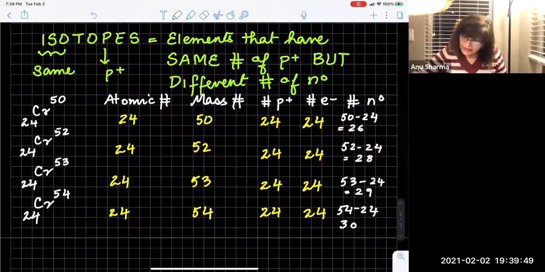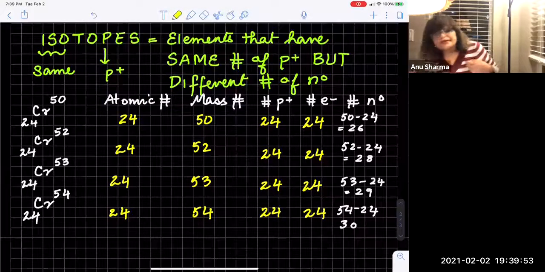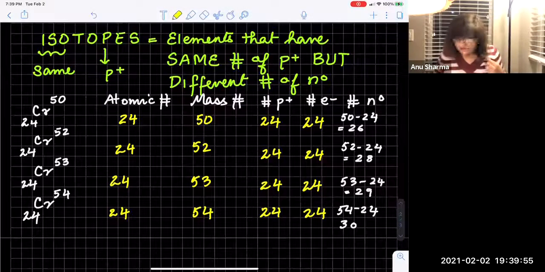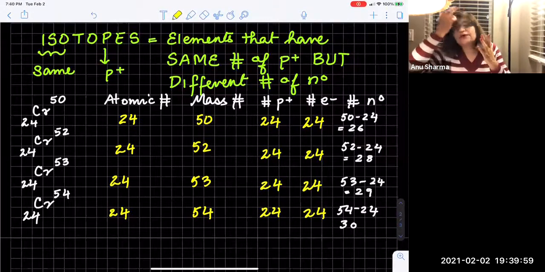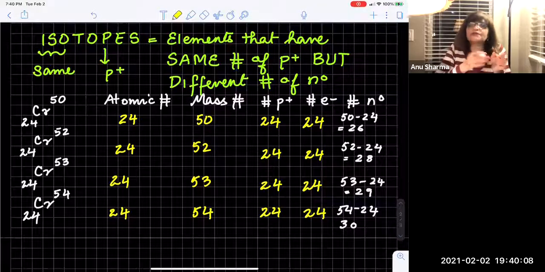Now, we have to factor in all these. Because see, here's the thing. There's going to be one isotope that is more abundant, which is found in nature in large number, right? So that's fine. But then there are other isotopes also, the other varieties of these elements, which are found in trace amounts, small amounts, and they may be radioactive, unstable, and they are found in very tiny amounts in nature.